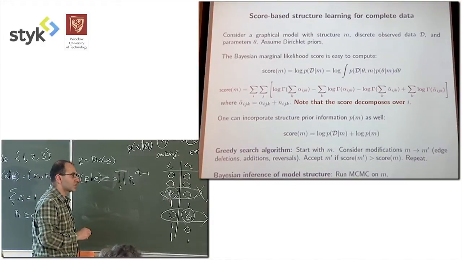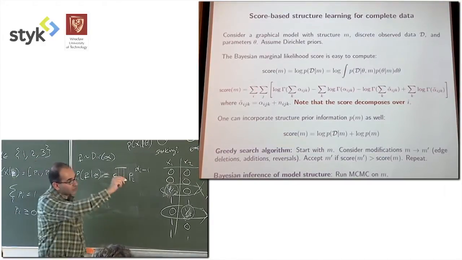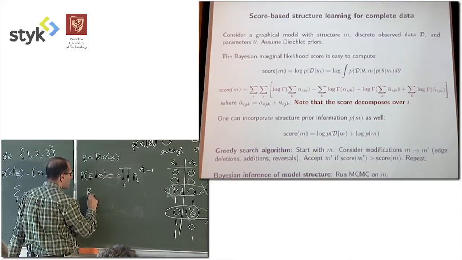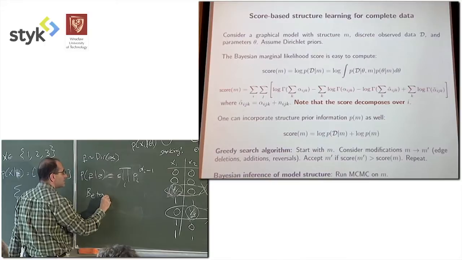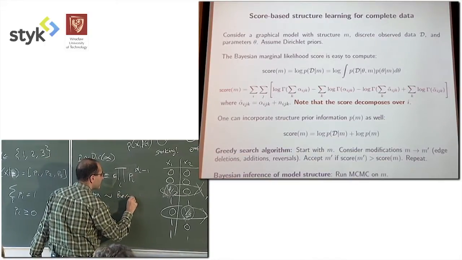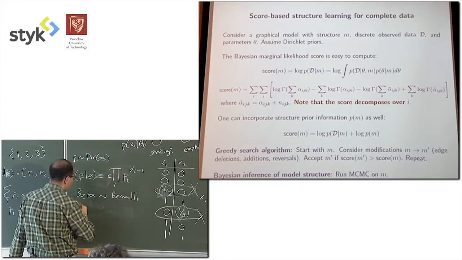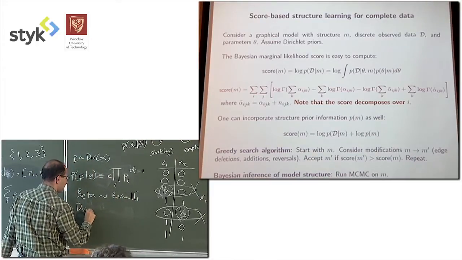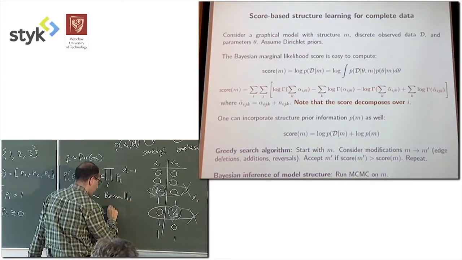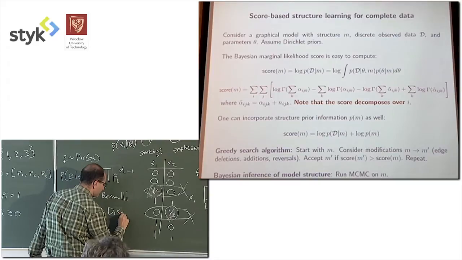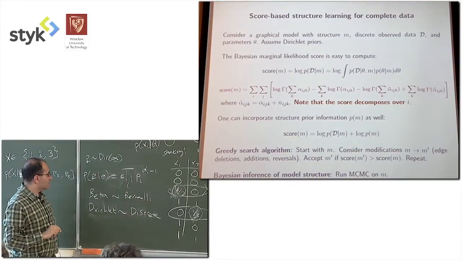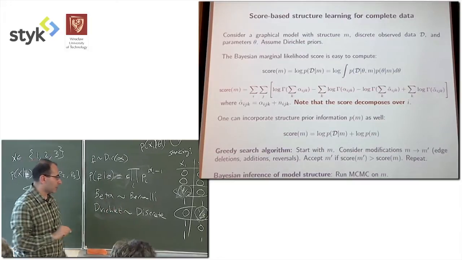We'll talk about the Dirichlet distribution a little more. The reason the Dirichlet distribution is used here is, remember I said the beta is conjugate to the Bernoulli distribution. Well, the Dirichlet is conjugate to the discrete, or multinomial, distribution.